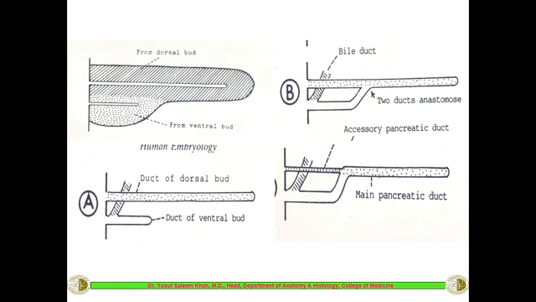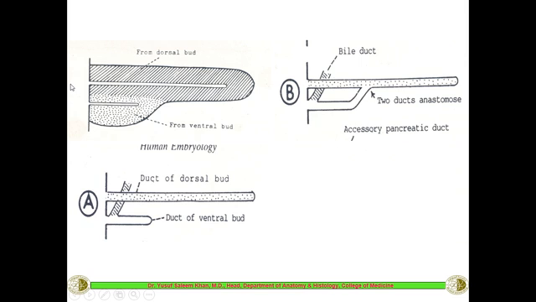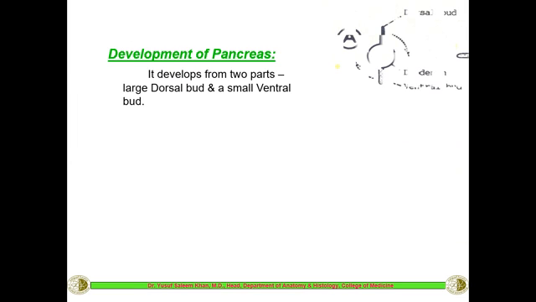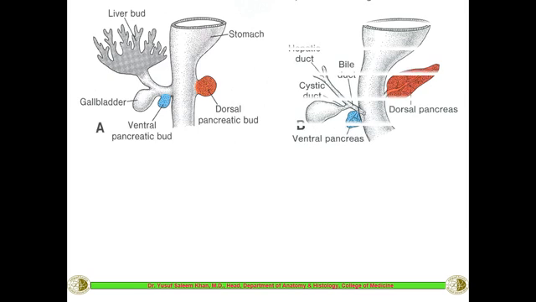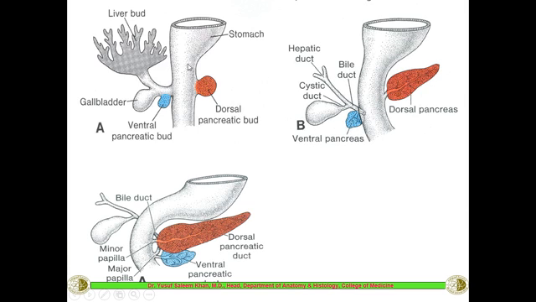Now coming to the applied anatomy or clinical aspects of the developmental anatomy. As we have seen, the pancreas is developed from two buds, the ventral bud and the dorsal bud. Sometimes during rotation it might rotate on the opposite side, and it surrounds the second part of the duodenum throughout, and it becomes circular around the second part of the duodenum.